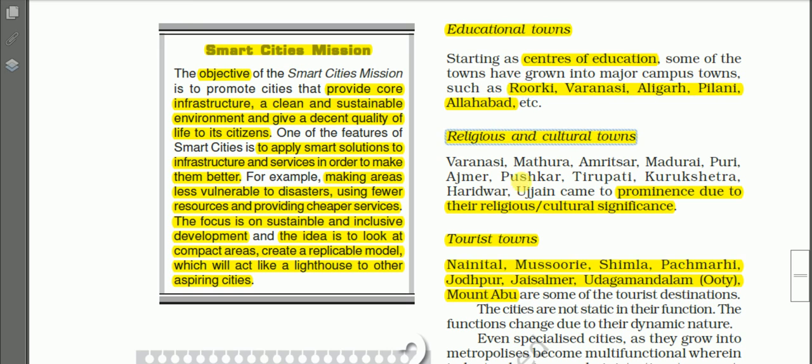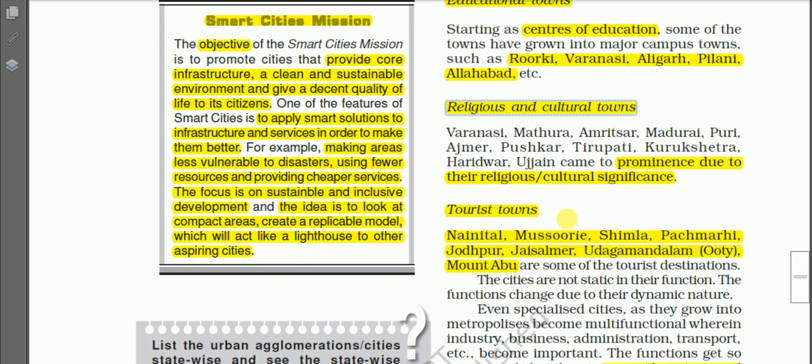Next, we have religious and cultural towns. So these are the towns which came into prominence due to their religious and cultural significance. Towns which have prominence of religious and cultural significance are known as religious and cultural towns.